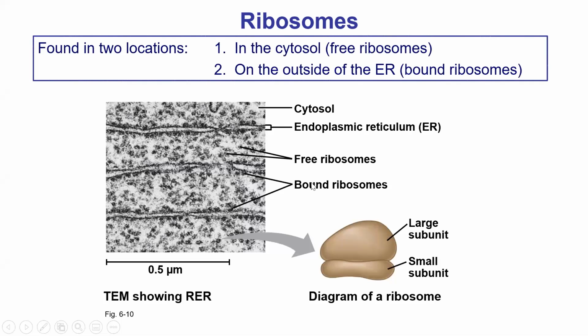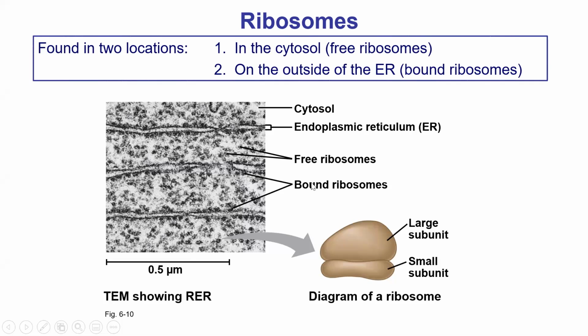One thing that you may or may not know from high school is that there's really two kinds of ribosomes. Some of them are attached to the ER and some of them are not. Sometimes we call the ones that are not attached free ribosomes, and the ones that are attached bound ribosomes. So I want to talk about the ER now. If ribosomes are making proteins, then clearly the ER is a big place where proteins are being made.